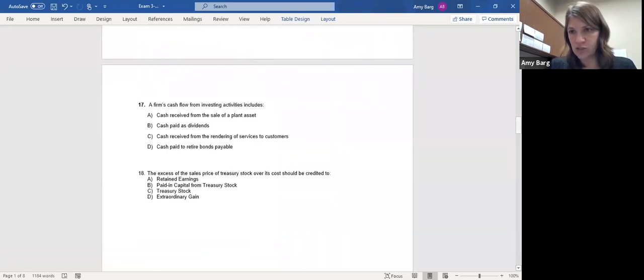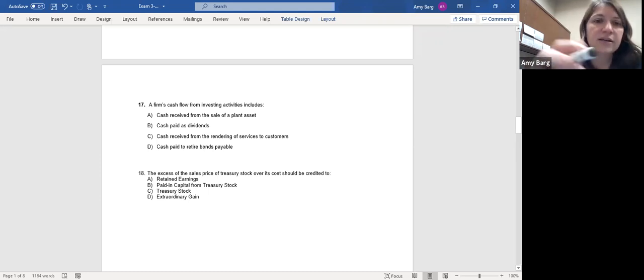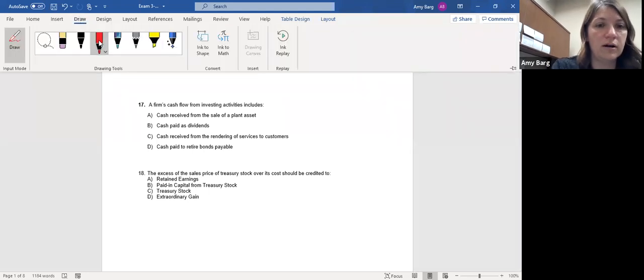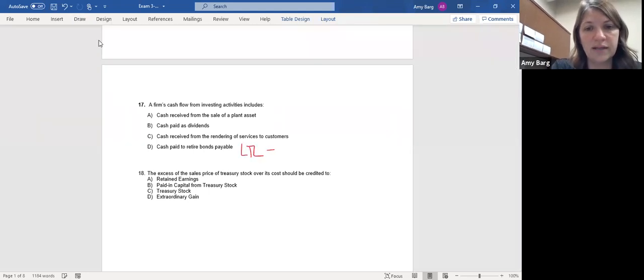And then if we just go through this one more time. So a cash received, so we want to know cash flow from investing activities. So if we start at the bottom here, cash paid to retire bonds payable. Bonds payable are long-term liabilities, so that's a cash flows from financing activities.